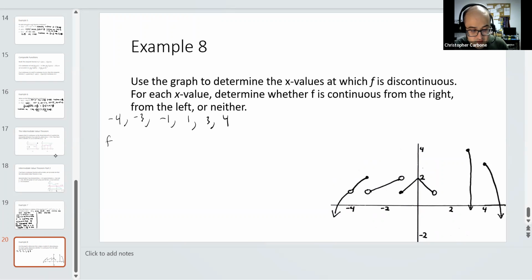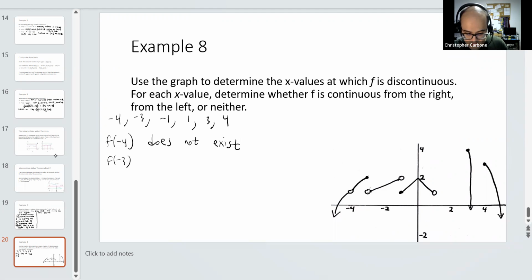At f of -4, since that's just an open circle, this value does not exist. So because of that, we're not continuous. For f of -3, down over here, left and right are not continuous.